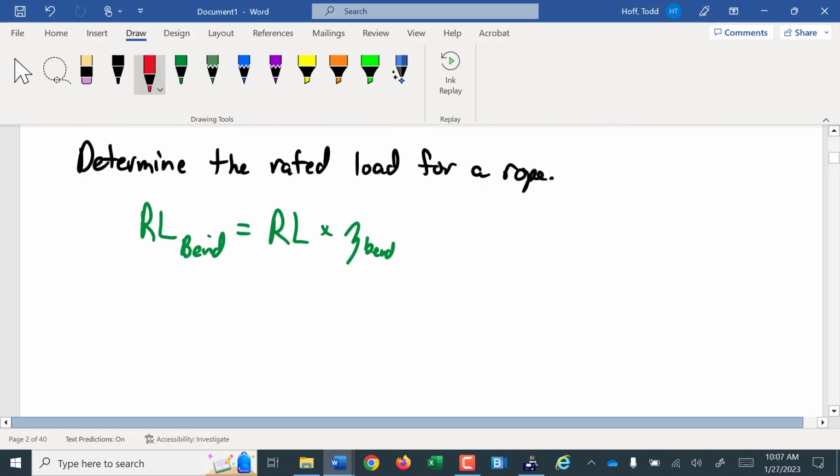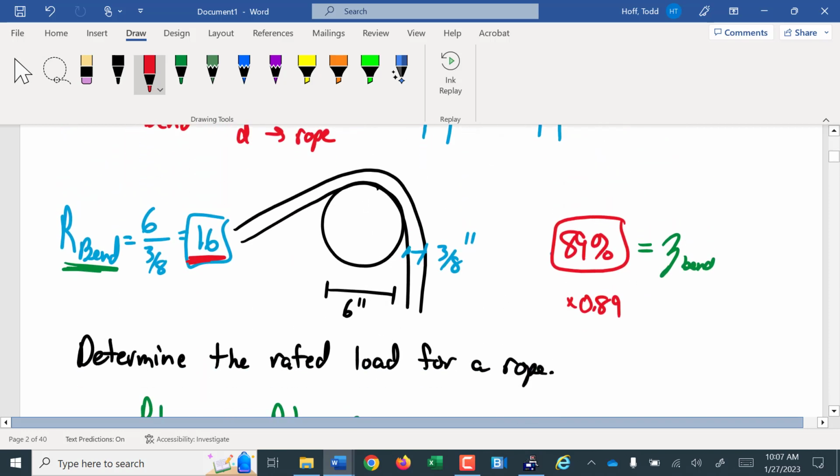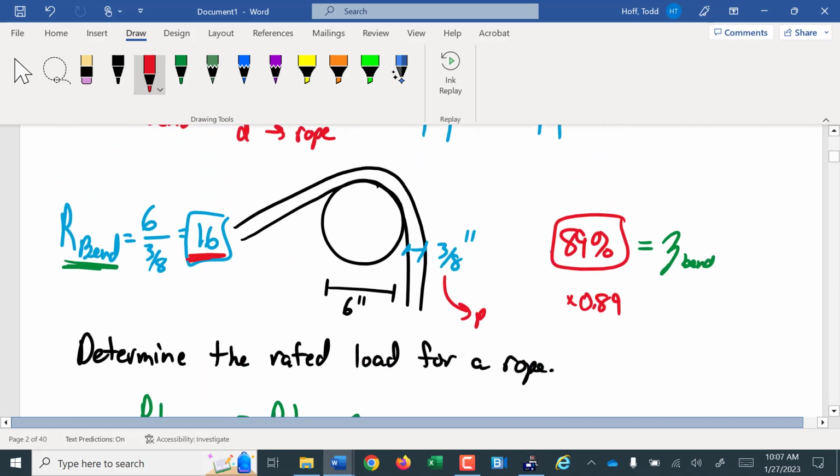So let's say that up above we had a rope that is rated for, what did we say that was? A 3/8 inch rope. Let's say it is rated at 1,400 pounds.